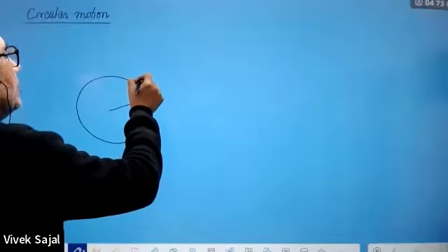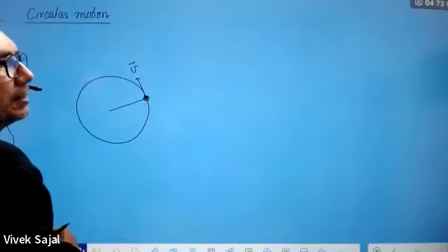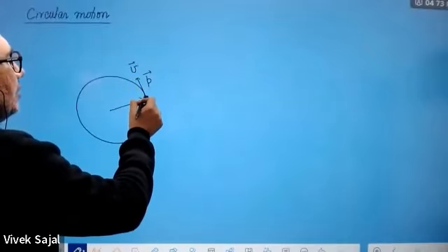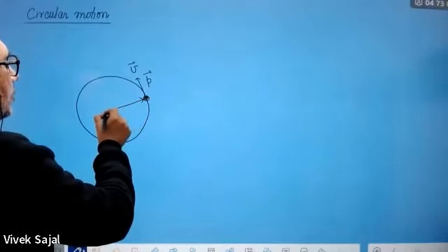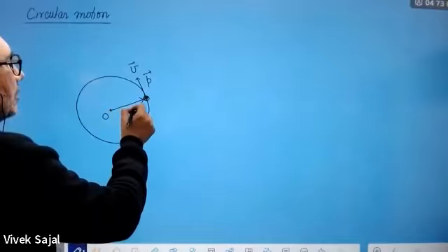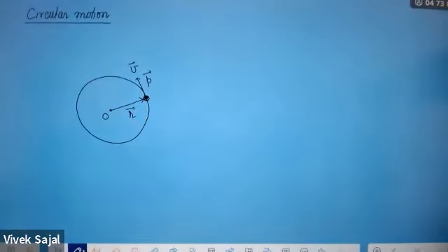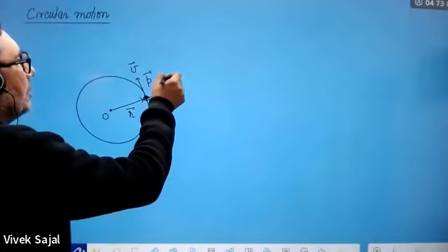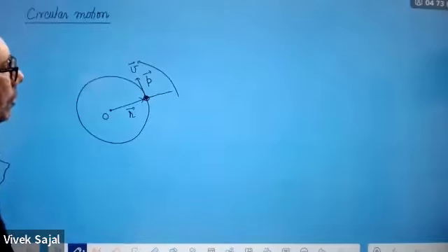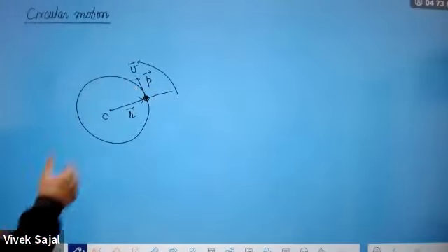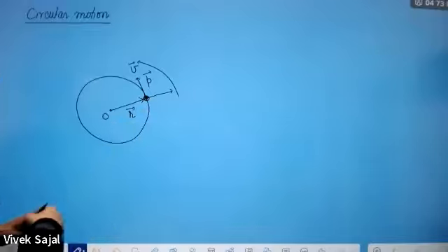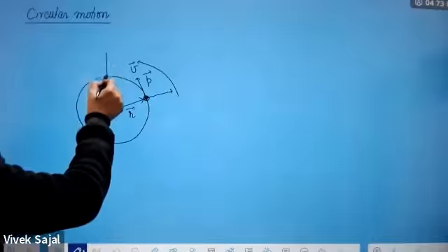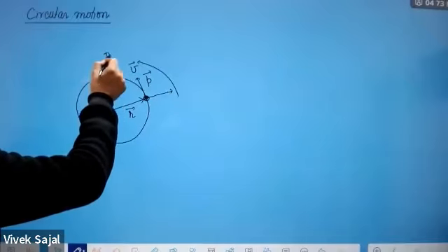So the velocity or momentum will be like this. In the same direction you have momentum p, and this will be the r vector. This is O, this is the r vector. Now what will be the direction? Rotation is taking place in this direction, so you have to rotate your fingers from the direction of r in this way. So what will be the direction of L? The direction of L will be like this.